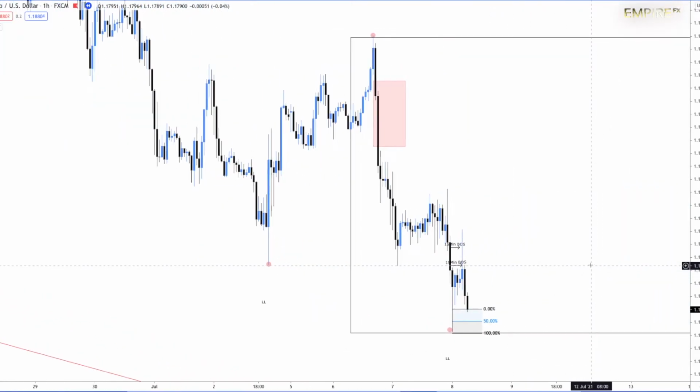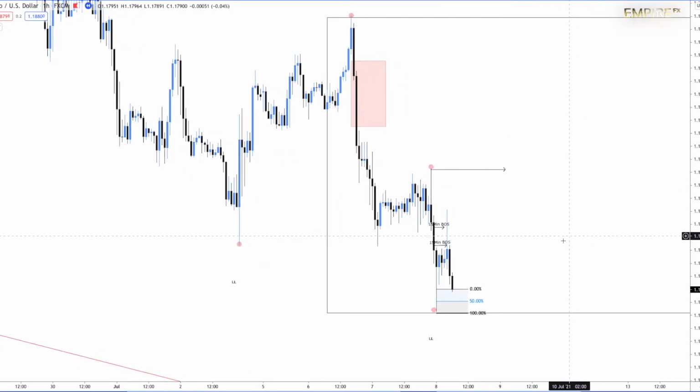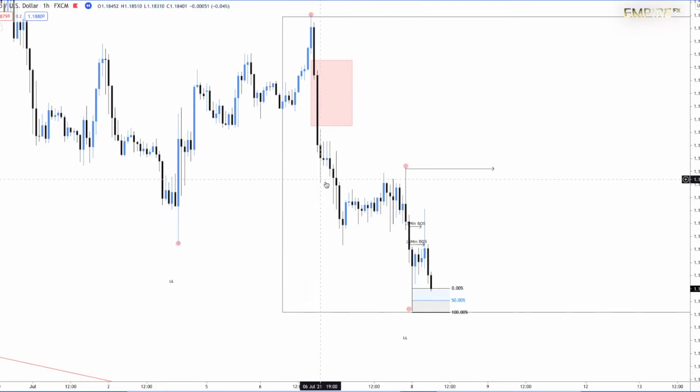So you've got your lower high, lower low, lower high. So the last lower high is up here, okay? Up here. So we need a break of structure here on the 1 hour to confirm a 1 hour change of trend, okay? But at the moment, we've had two 15-minute BOS.